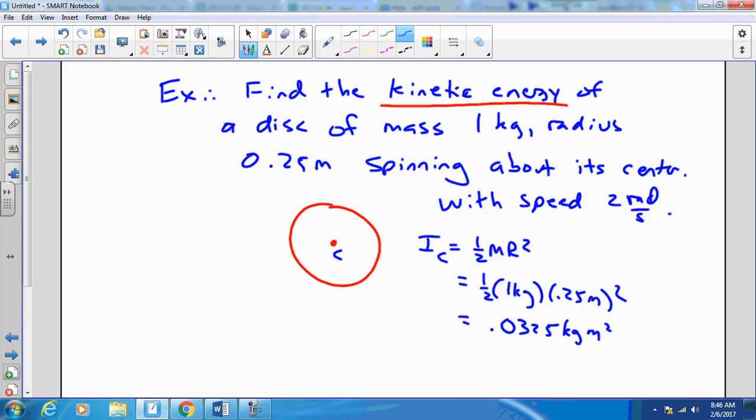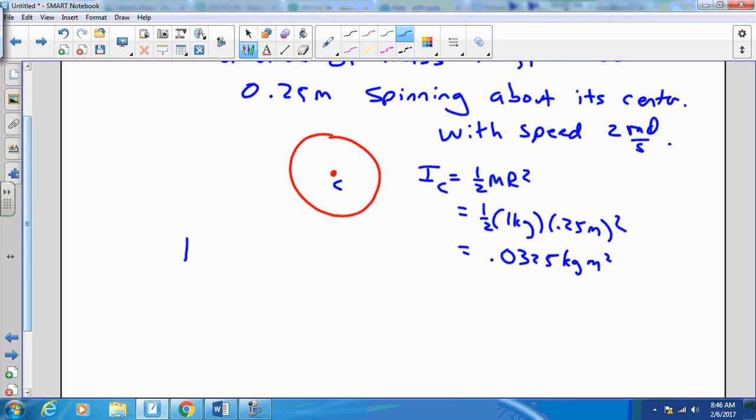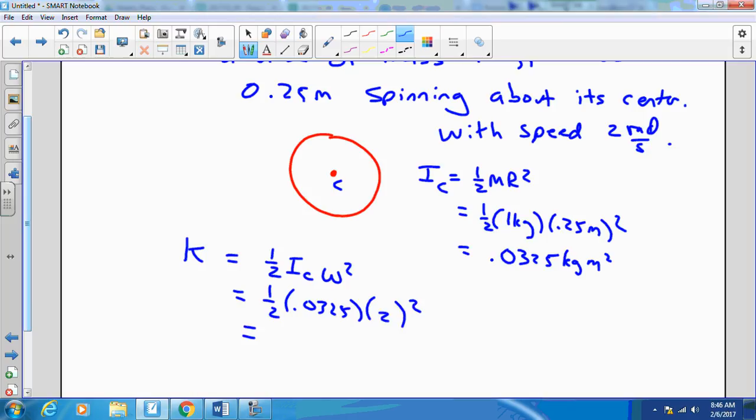And that's I about the center, and therefore, we can say that the kinetic energy is equal to 1/2 I omega squared. Let's see here. So this is 0.0625 joules, just like that.